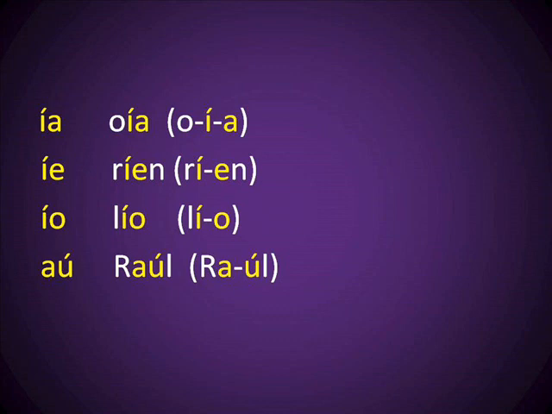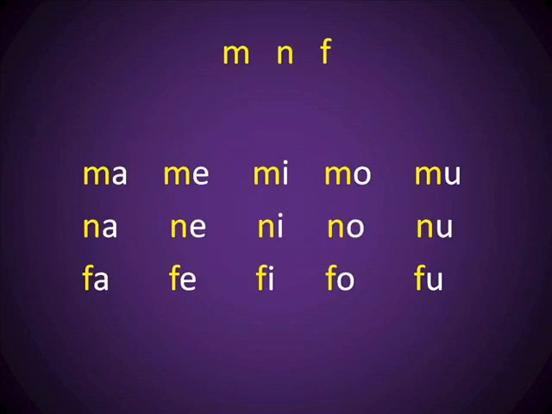Now that we covered the basics on how the vowels work, let's see our first consonants. These three consonants sound basically the same as in Spanish. From now on, we're gonna learn consonants the way kids in the Spanish world learn, by reciting syllables.